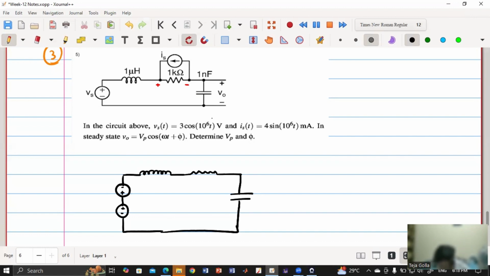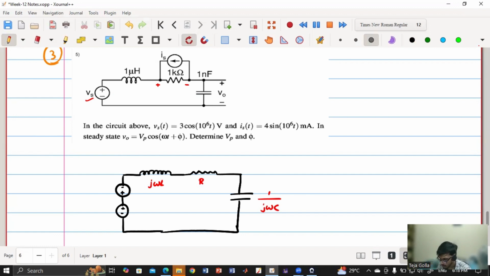Let us write the values: this is j omega L, this is R, this is 1 by j omega C. Now let us write in terms of phasors. This is Vs. What will be the Vs phasor?